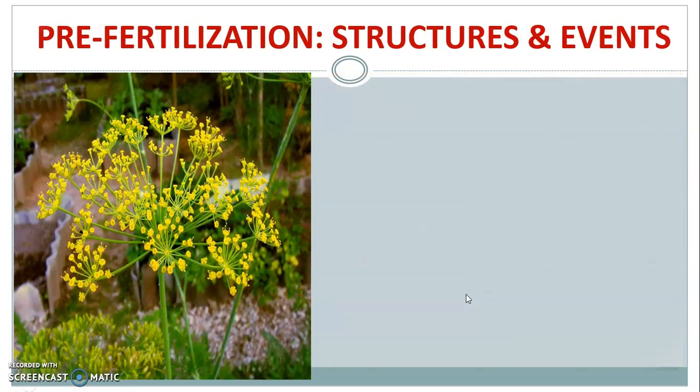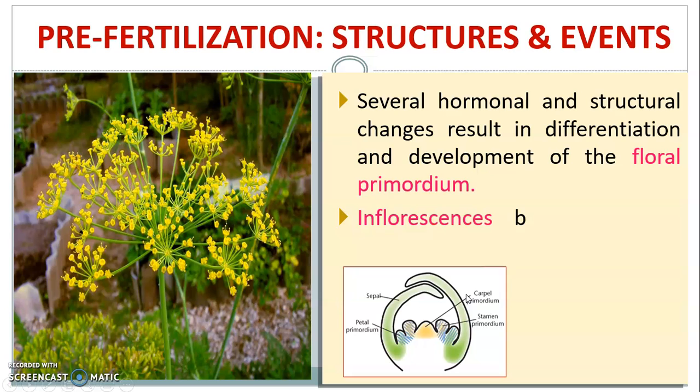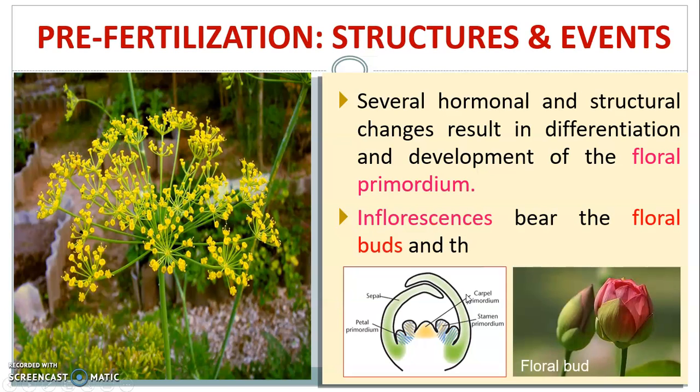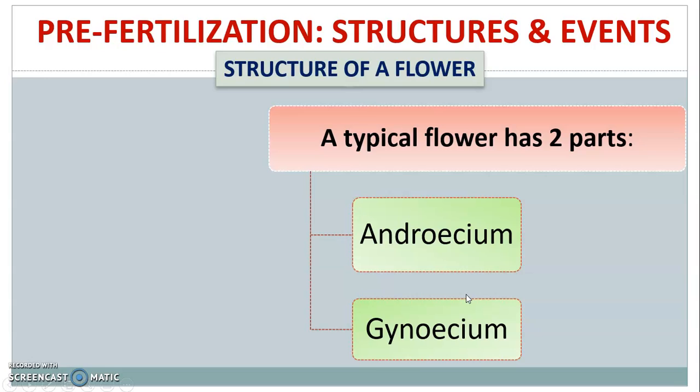Let me clear it for you. Basically, the flower undergoes various hormonal and structural changes, and these hormonal and structural changes ultimately lead to differentiation in the primordial bud, which we can say is the structural change at the time of the inflorescence.